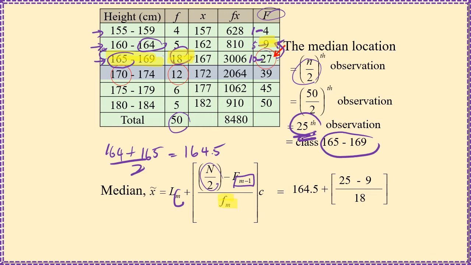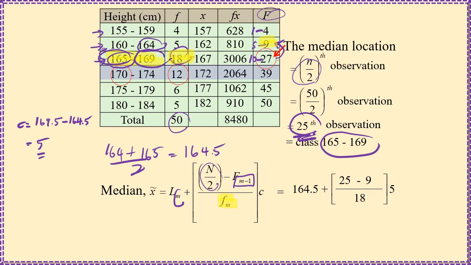We learned in chapter 1, lecture 1. Class width C is equal to the upper boundary of the class minus the lower boundary of the class. So we have 169.5 minus 164.5, which is equal to 5. So multiply by 5.